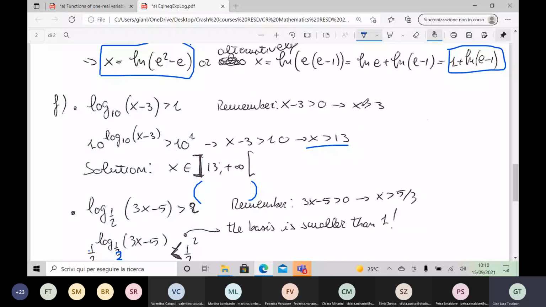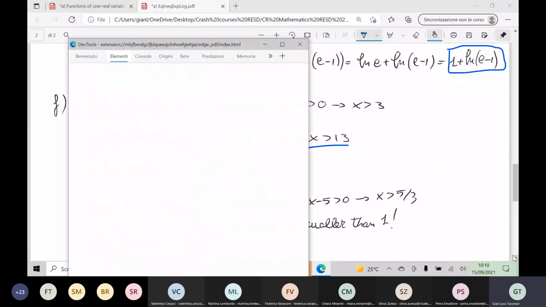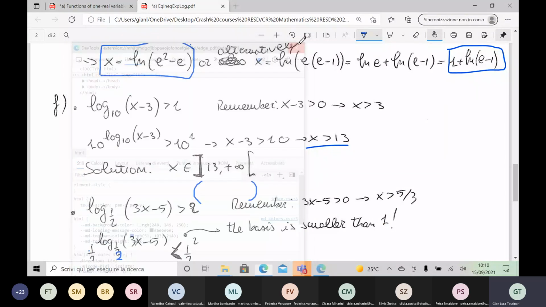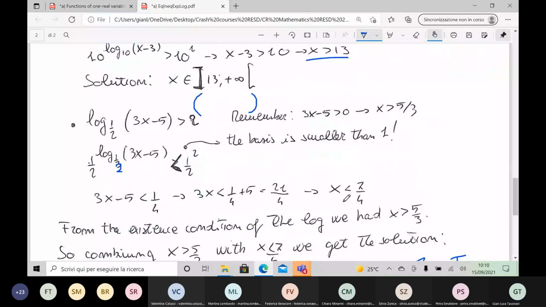So the solution was fully consistent with the domain. In this case, instead, you would have committed a mistake if you avoided considering the domain. So you have to consider the domain, okay? And so this is the solution.